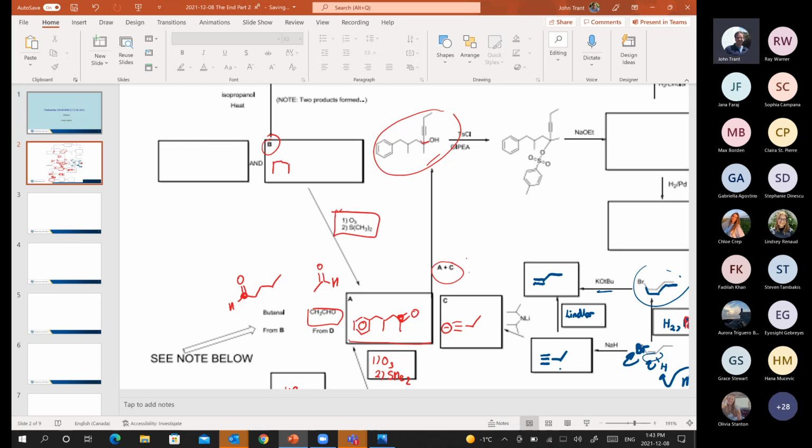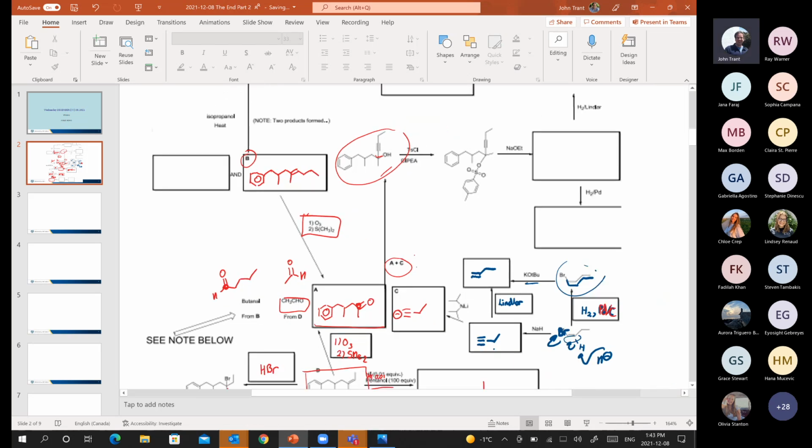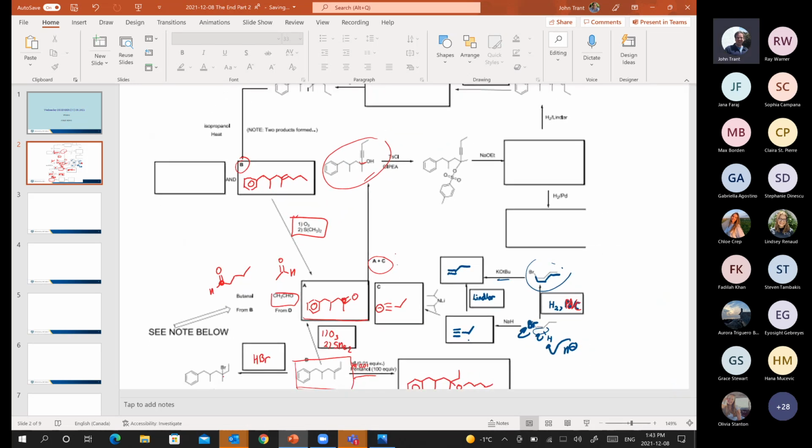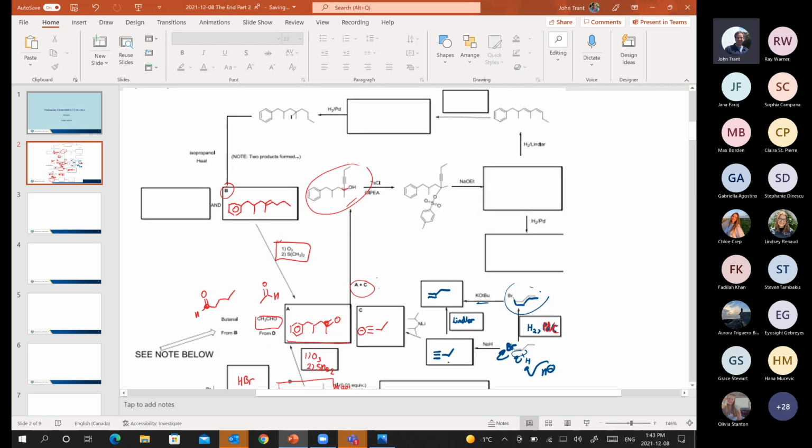So B was likely, and you can pencil this in because we haven't locked this in yet, but we're going to go around the other side and see if everything makes sense. 1, 2, 3, 4. So we suggest that that's what B is right now. And if we then look higher up, this all makes sense. 1, 2, 3, 4.